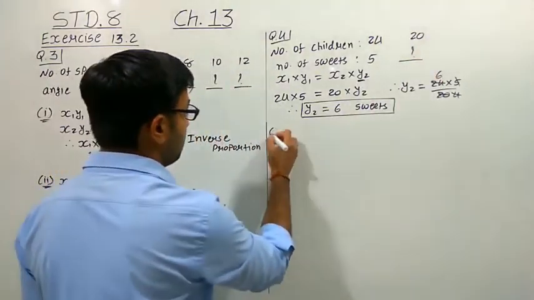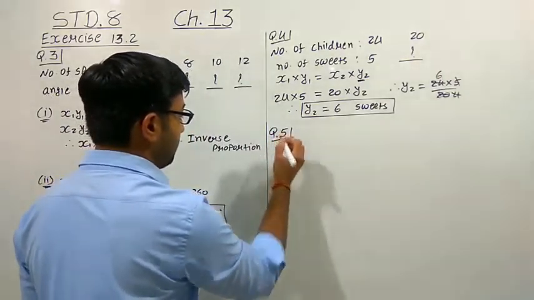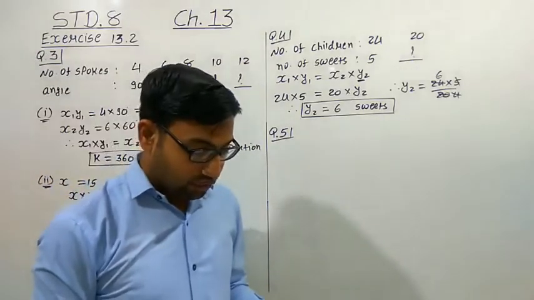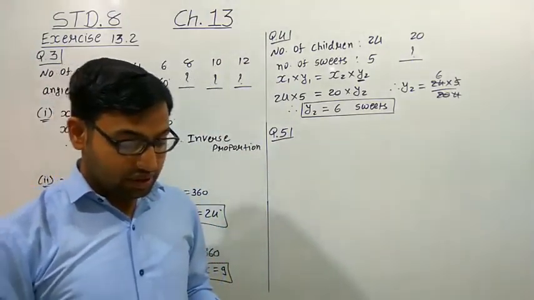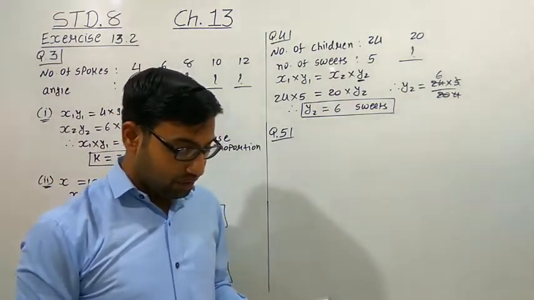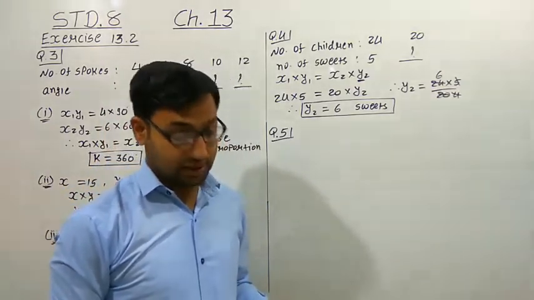Okay, now question number 5. A farmer has enough food to feed 20 animals in his cattle for 6 days. How long would the food last if there were 10 more animals in his cattle?